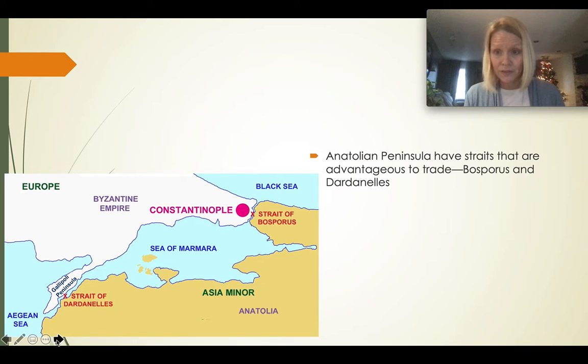The Anatolian Peninsula, they have some straits that are very advantageous to trade, the Bosporus and the Dardanelles. The reason I say they're very advantageous to trade is because of, if you see there just in the corner, the Black Sea. If you know about the Ukraine, there's an area called the Crimea.